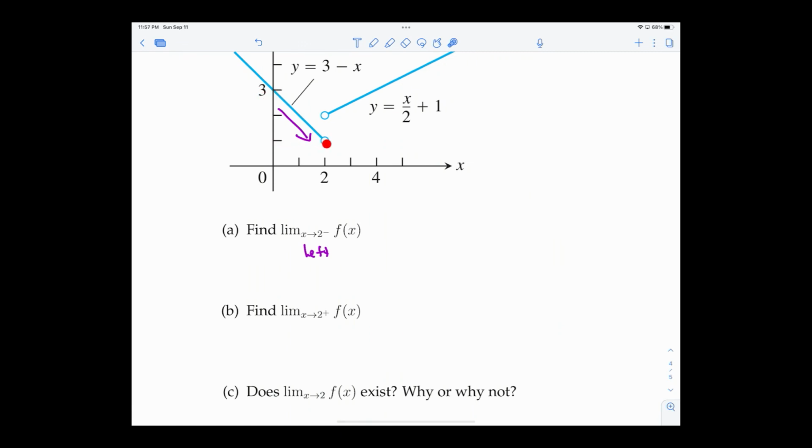So this is at a y value of 1. All right. Next one is x goes to 2 from the right. So that's the right-hand side. So we end up here, which is at a y value of 2. So that one's 2.